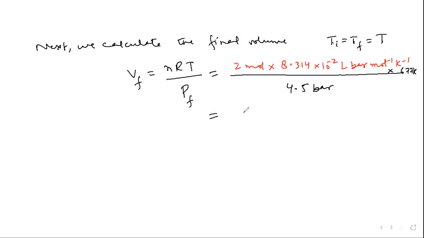Now we solve for Vf. When you solve for it, you will get 25 liters. Another quantity we have found, the final volume of the gas is 25 liters, right?